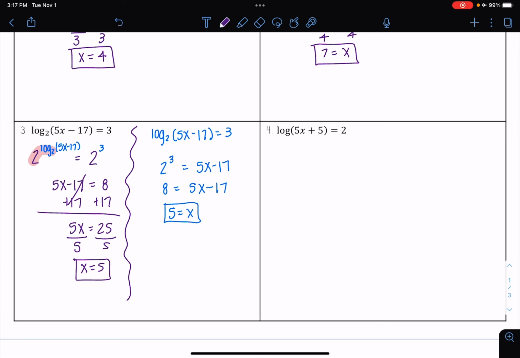Now the last one we'll do for this video is log of 5x plus 5 is equal to 2. We need to remember that when we just have log and there isn't a number written there, our base is actually 10. So here I'm going to take 10 on both sides.